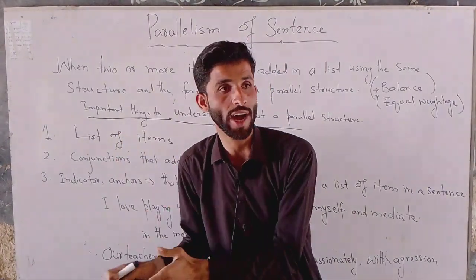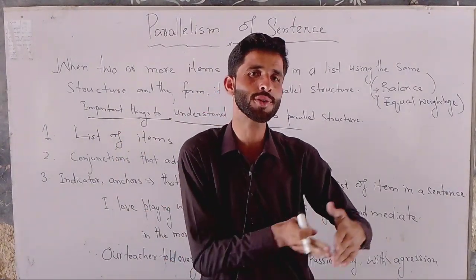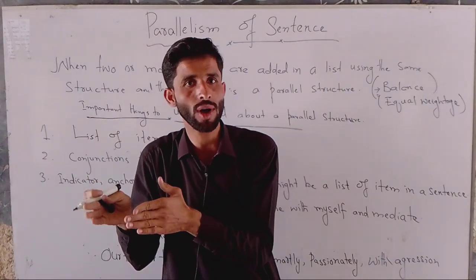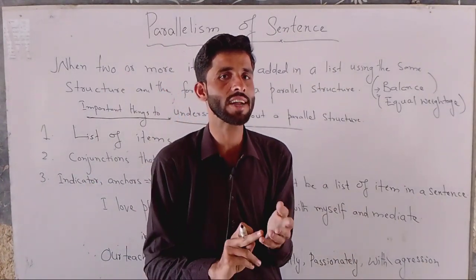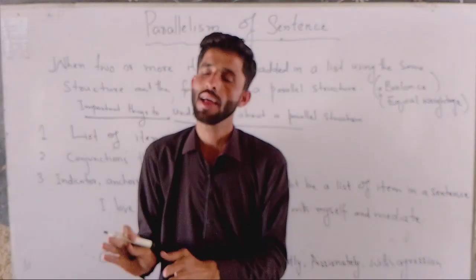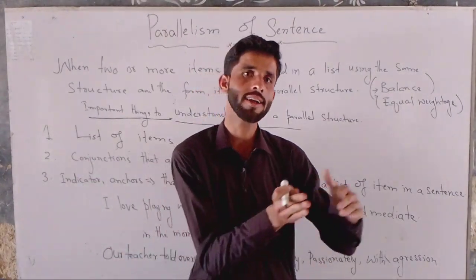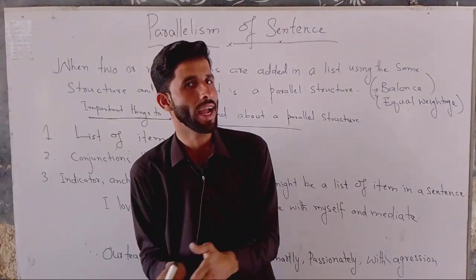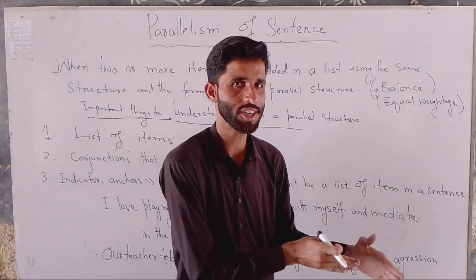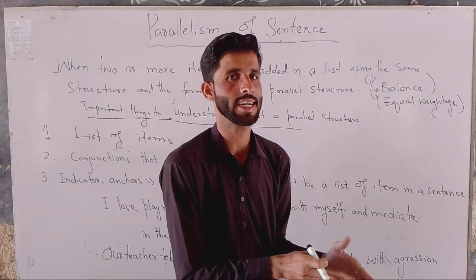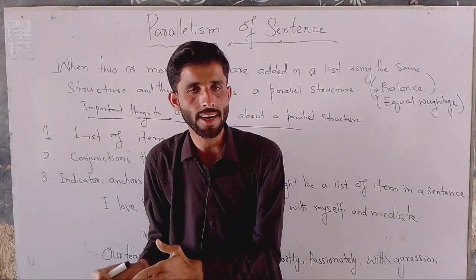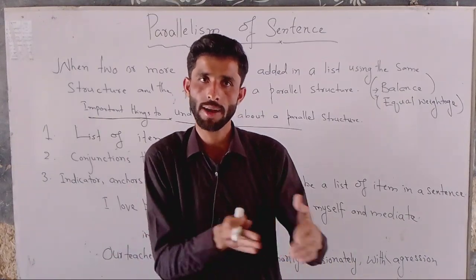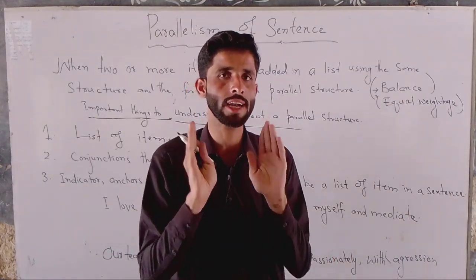If we have used wiser, we have to also use more intelligent, because we have to follow the equal weightage. The structure will be different if we say wiser and intelligent. So the right sentence will be, he is wiser and more intelligent than Ali. Wiser and more intelligent, these both are in comparative form.